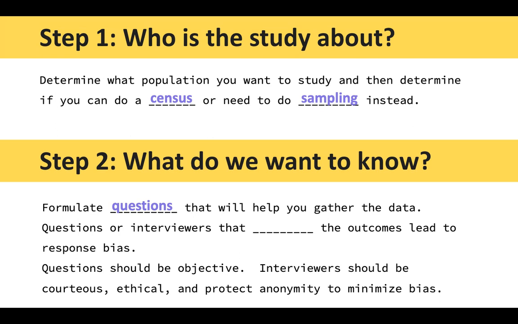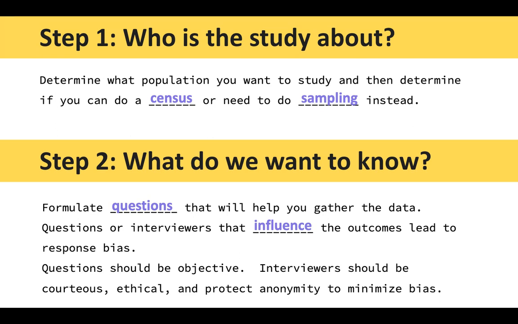One thing to be careful of when you are formulating those questions is realizing that questions or interviewers that influence the outcomes lead to what we call response bias. So if we are doing a survey and I'm asking a question, especially face-to-face, or even on paper, a question that is very biased or very leading one way or the other can influence responses.